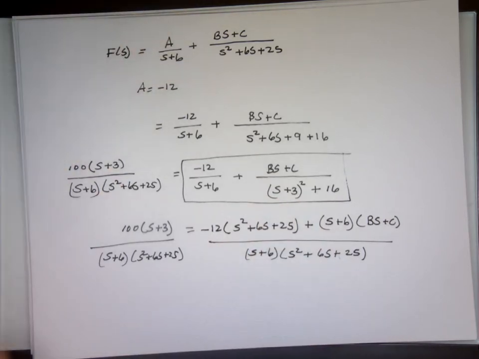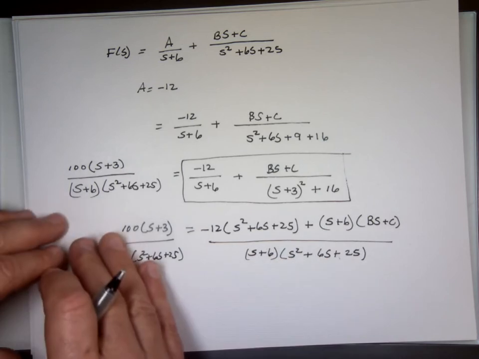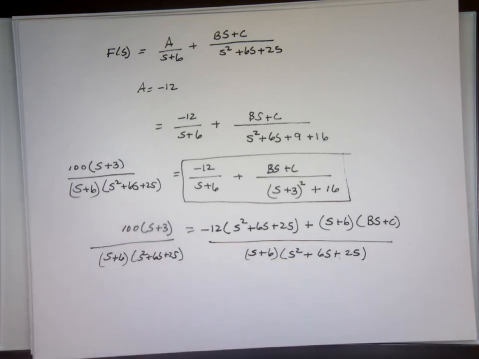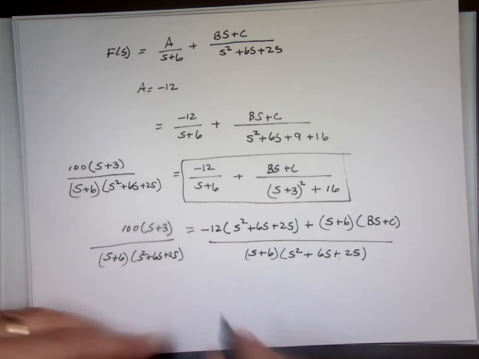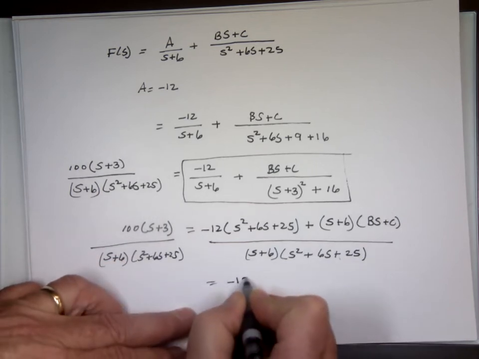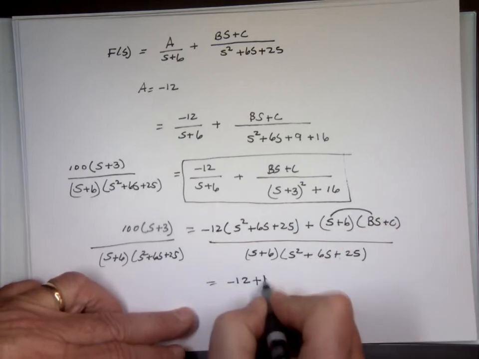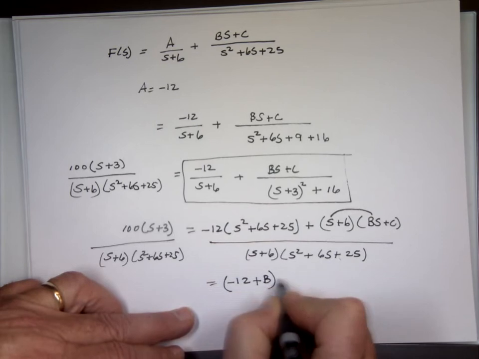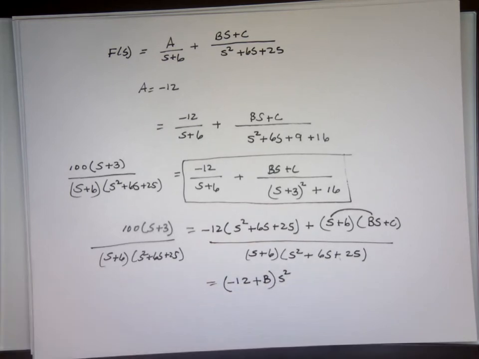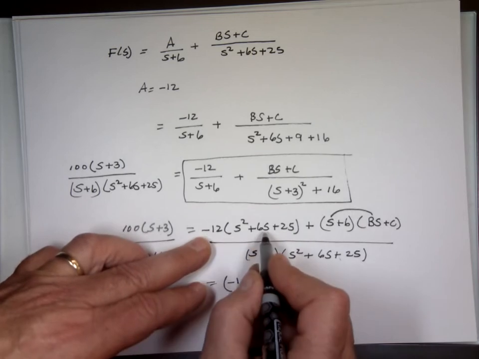Now, I can drop the bottom because it's the same for both of them. The coefficient of s squared equals the coefficient of s squared. When you multiply this, if you look at the top, the s squared is negative 12 plus bs times s, that's b. The coefficient of s: what's negative 12 times 6? Is that negative 72?